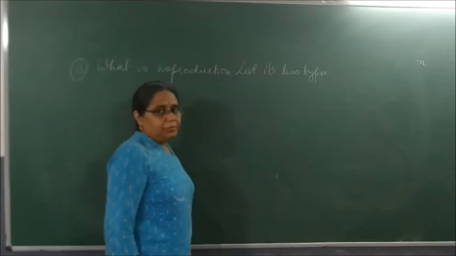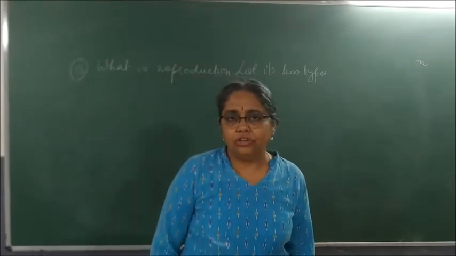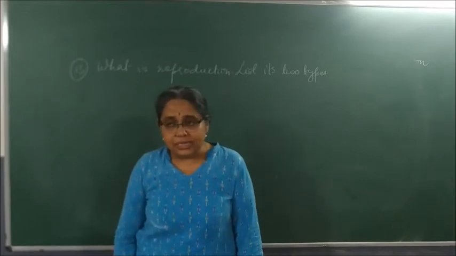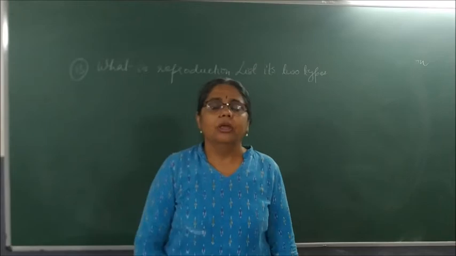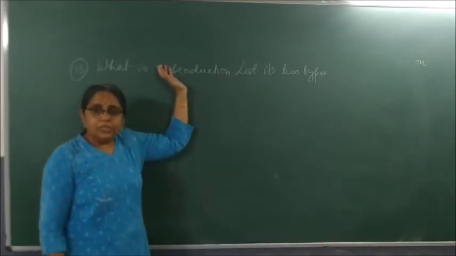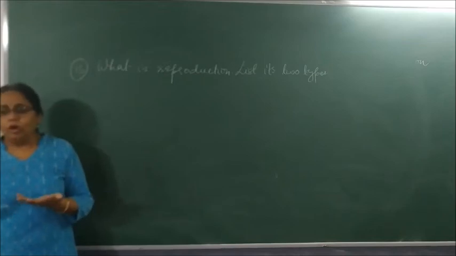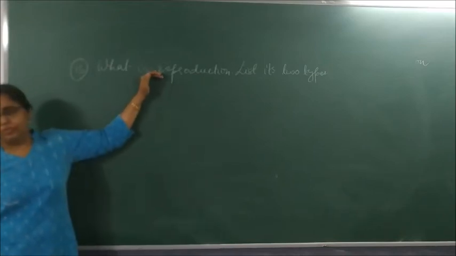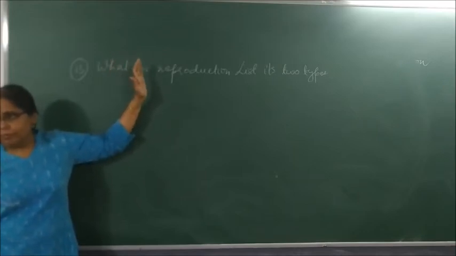What are the 2 types of reproduction? Sexual and asexual reproduction. What is reproduction? It is a process by which individuals multiply or increase their population. It is a process by which the individuals of a particular species increase their population.